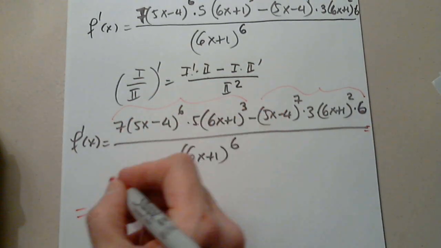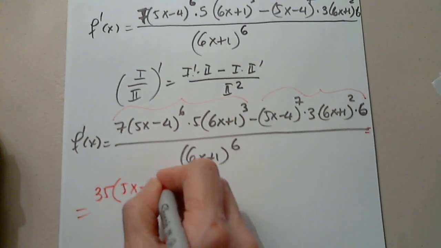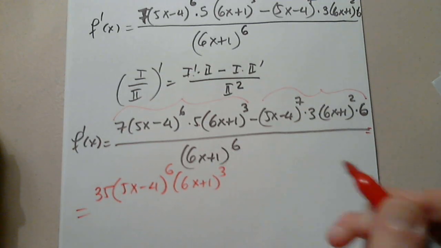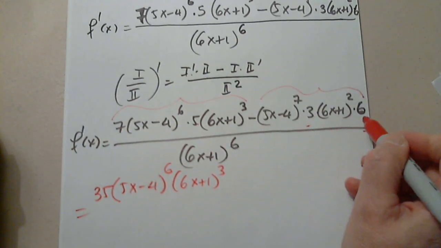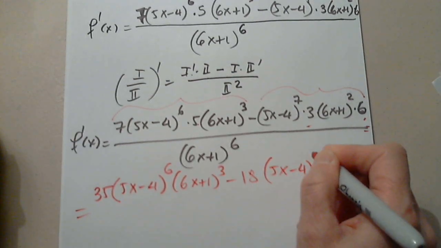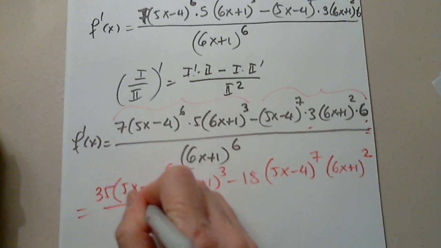So 7 times 5 is 35. And now I copy these two: 5x minus 4 to the 6th and 6x plus 1 to the 3rd. Minus 18, 5x minus 4 to the 7th, and 6x plus 1 squared.